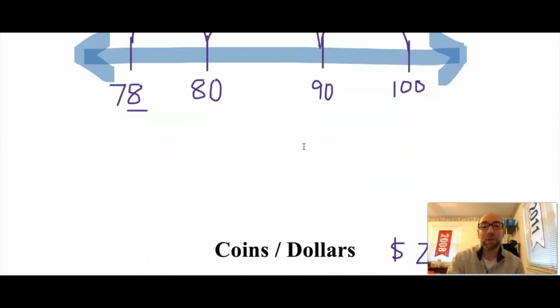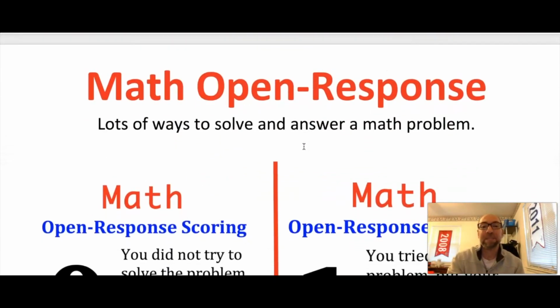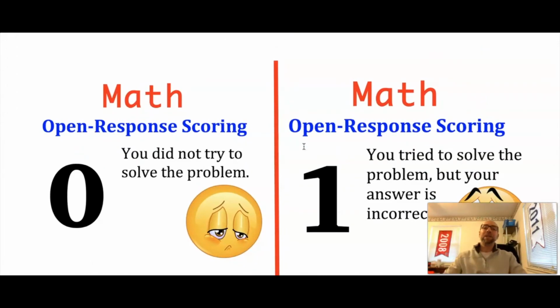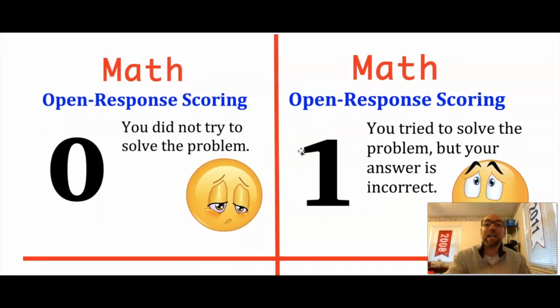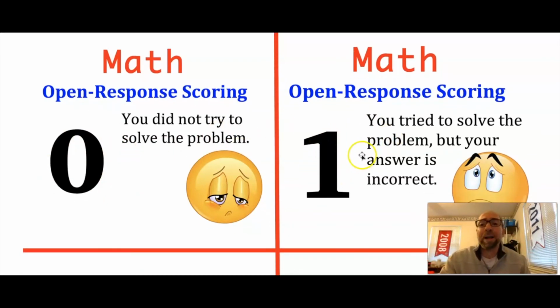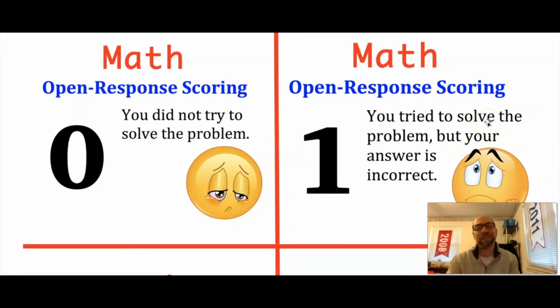Today, you are going to have an open response. Let me refresh your memory. Our open responses are graded using one of 4 points. You could score a 0 if you don't even try to solve the problem. And we're mathematicians. We always try. You can score a 1 if you try to solve the problem, but your answer's not right.